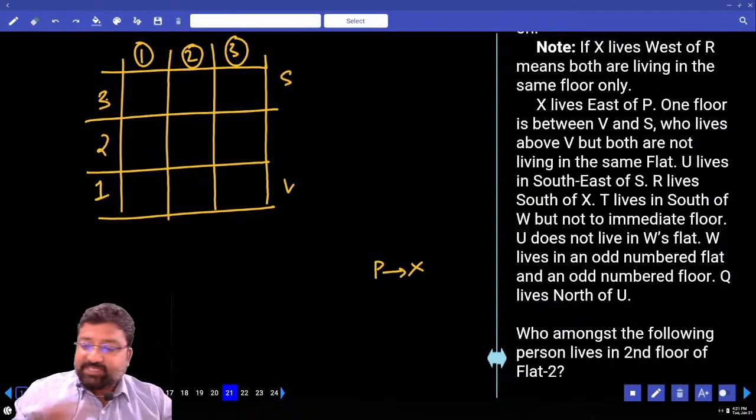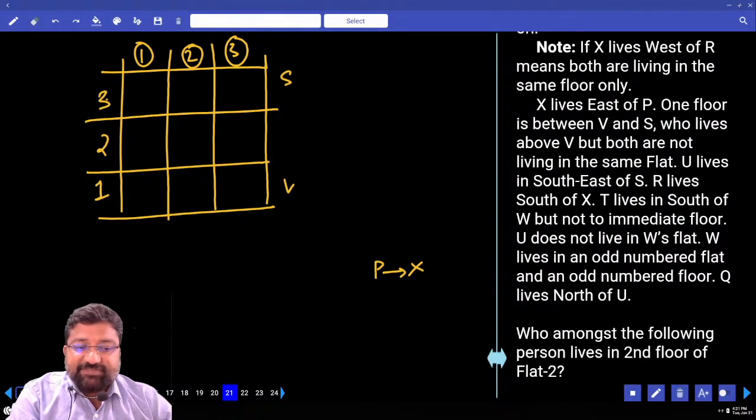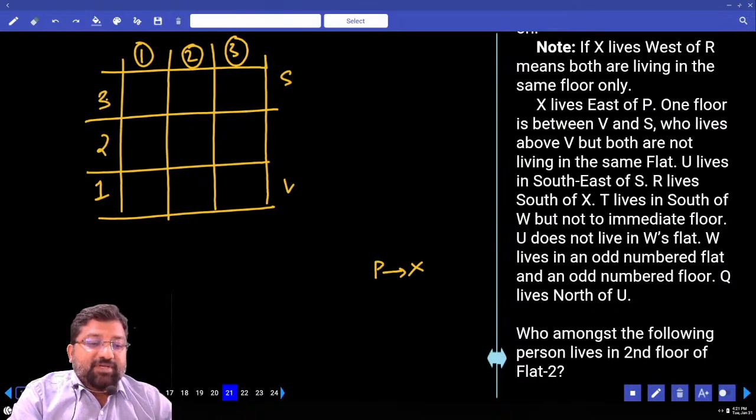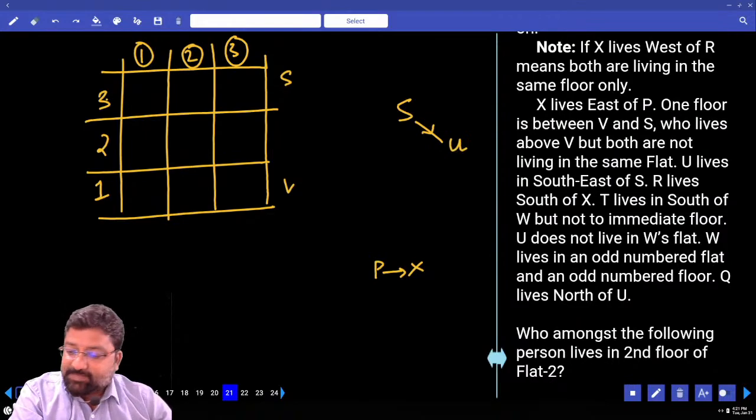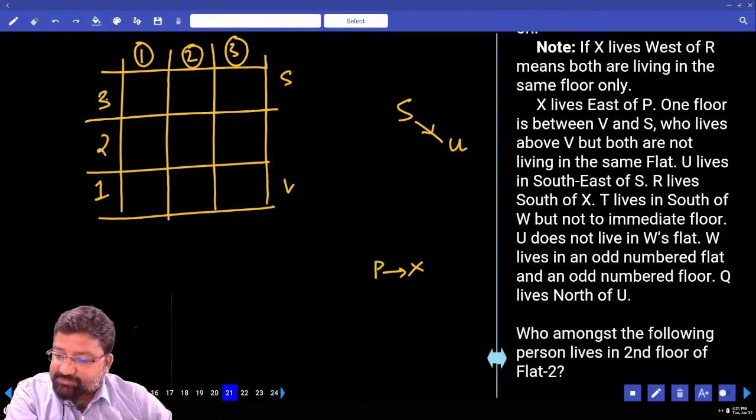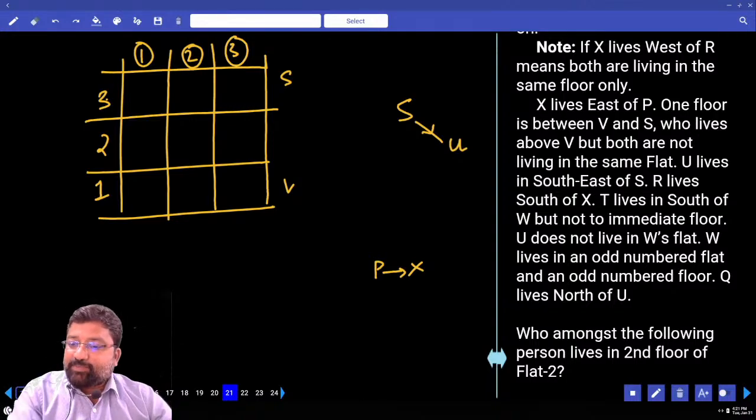Next line. U lives to the southeast of S. S, southeast U. Next.